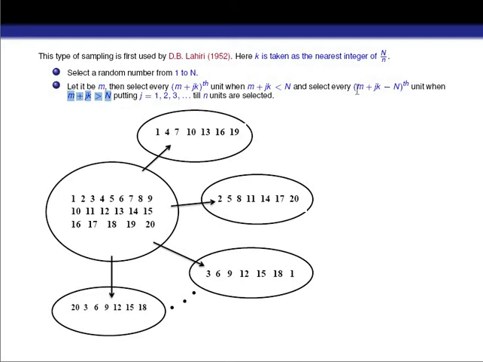We just subtract the population size from that sampling unit. So we subtract 20 from 21 and we get 1, and this one is included in our population. So this is a possible sample combination.